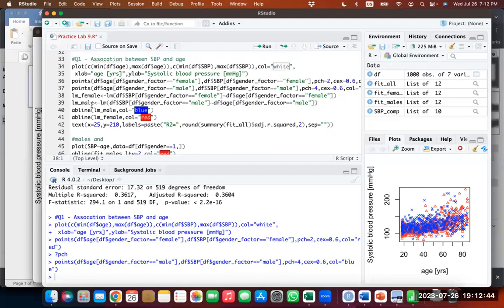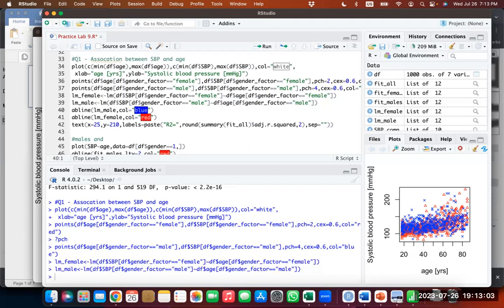This is done with lm female and lm male. You're building two new models, a model between systolic blood pressure as a function of age in males and one in females. You're utilizing then these estimates to use abline. So you build these two models.